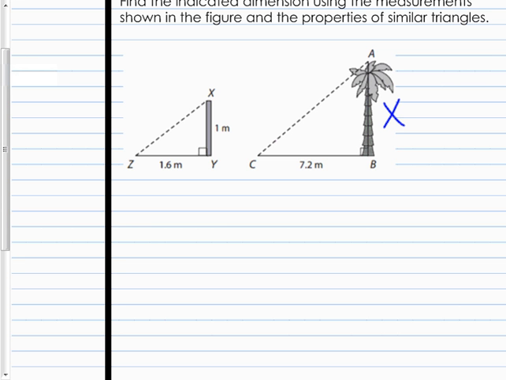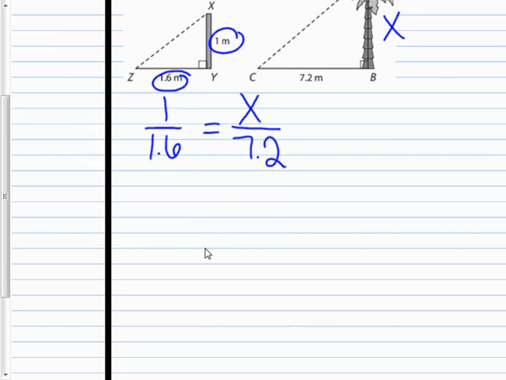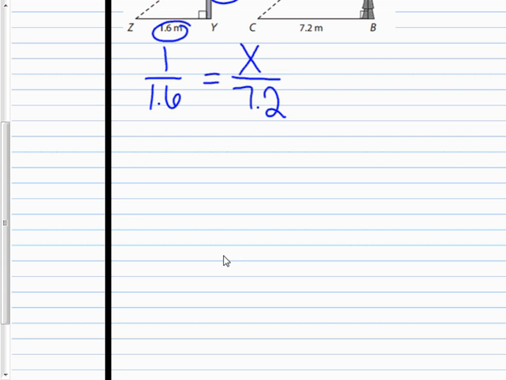And I'm going to set up a proportion just like I have been. 1 over 1.6 is equal to, I don't know, so I'm going to use the letter X, or you could have used AB or whatever variable, over 7.2. And you're going to cross multiply and divide just like we did last class. So cross multiply, 1.6x equals 7.2.